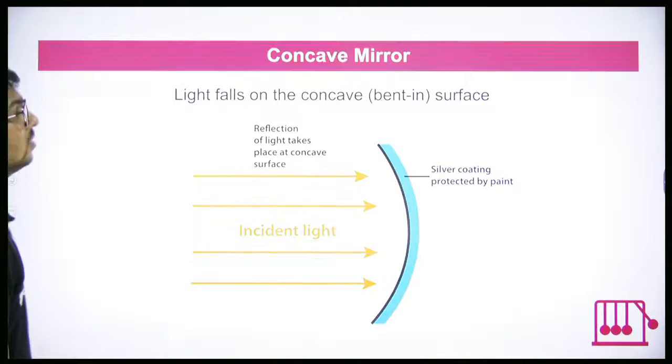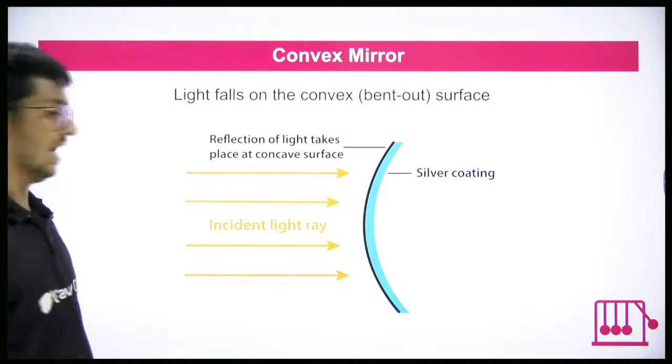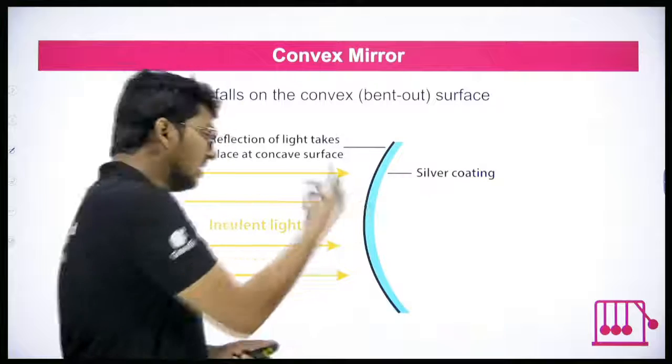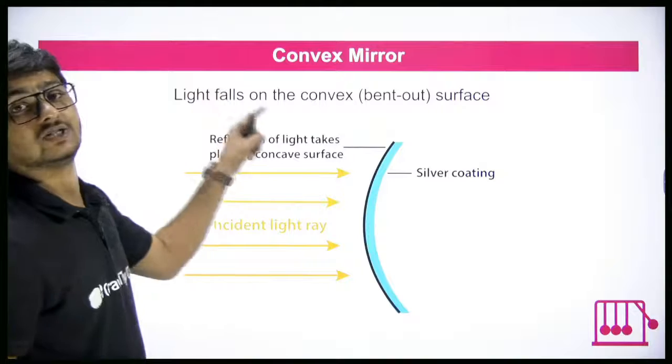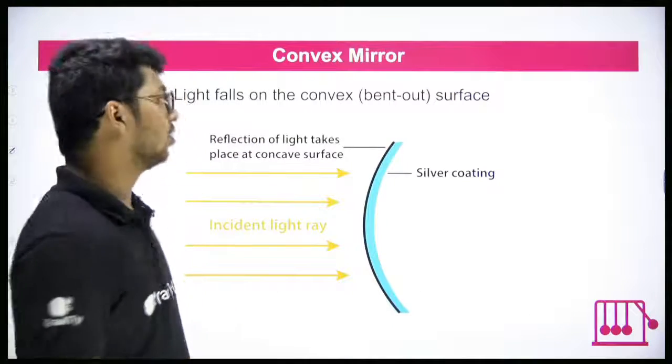Got it? Good. Convex mirror, the other case. You'll have the silver coating, it will be silvered, but the convex side will be the reflecting side. Light falls on it, and that is the reason why it is called a convex mirror. Clear? Good.